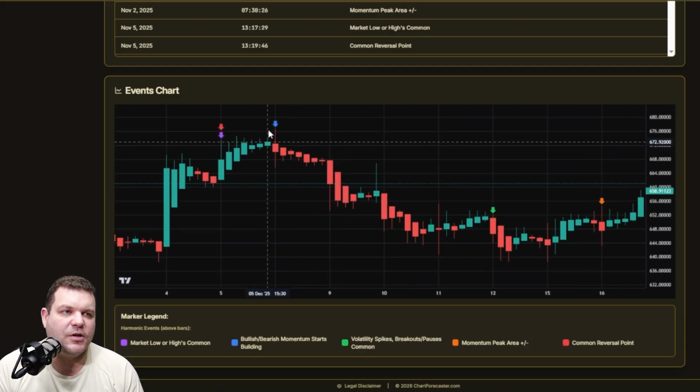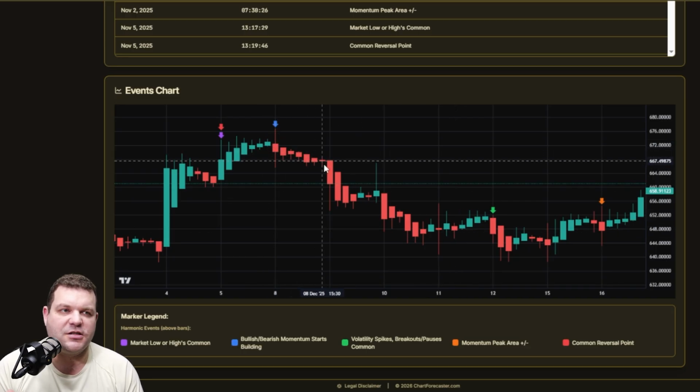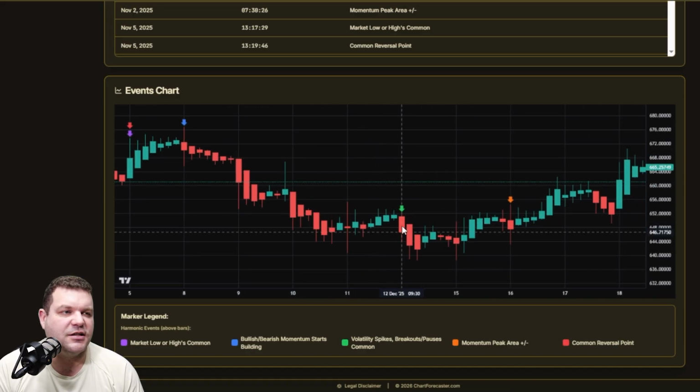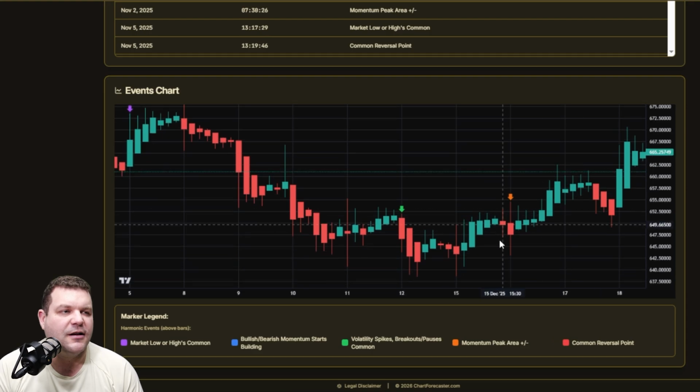So we saw the bearish momentum start. So once you saw this and saw the confirmation, you might have a good idea to go short, or to maybe get out of a long position, or whatever. But what's interesting is it did calculate that there was going to be some volatility or a breakout.